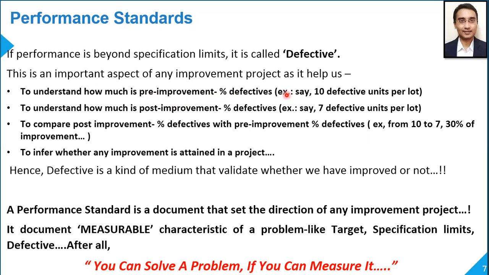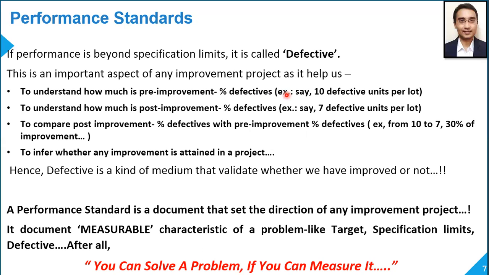If we know the definition of defective, we can calculate very easily how many defectives there were in the last three months, that is, non-compliant units, or non-compliant shifts in the case of PT non-compliance. So the current percentage defective can be found provided we know the definition of defective.